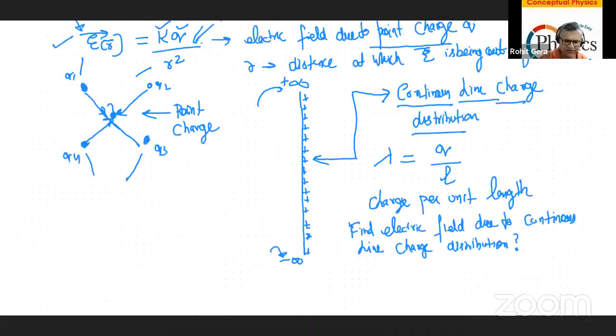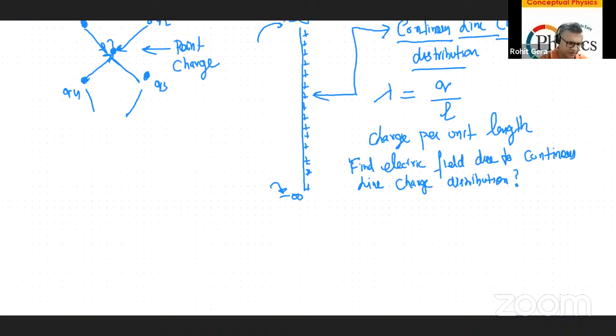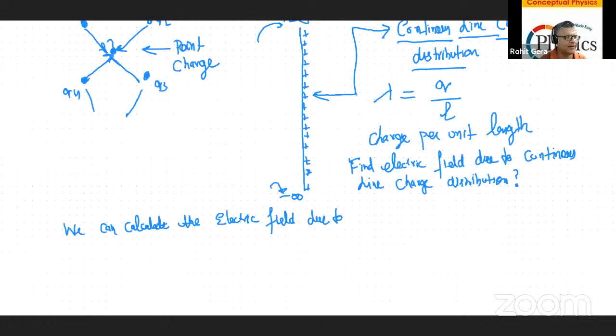So what Gauss did was, so this is what I'm writing. We can calculate the electric field due to an infinitely long charge using Coulomb's approach.